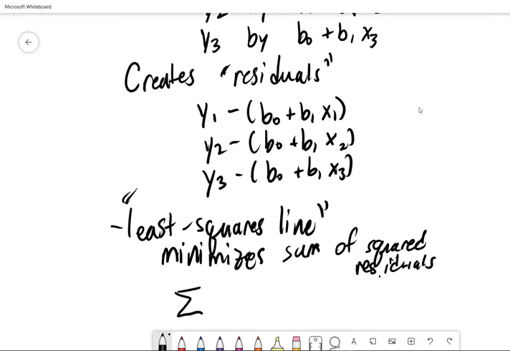What does that look like? That's the sum over all the data points of the response value yi minus the predicted value, b0 plus b1 xi, squared. All right, so this is maybe review, and this is the way we usually think about it.